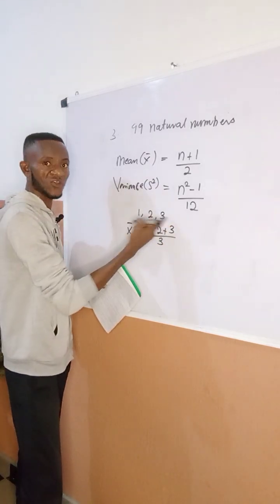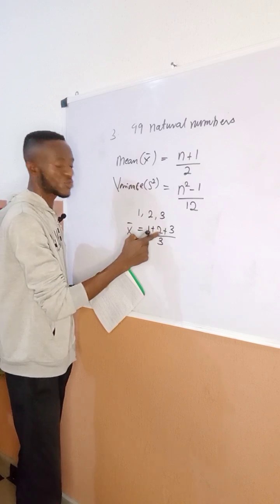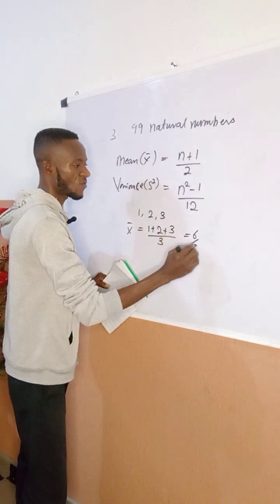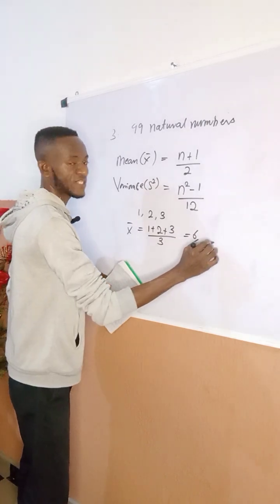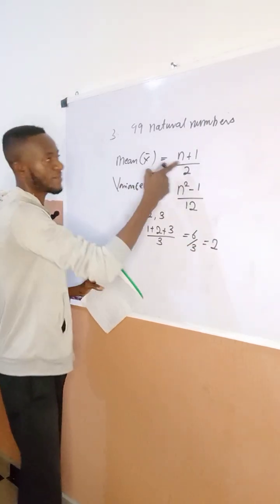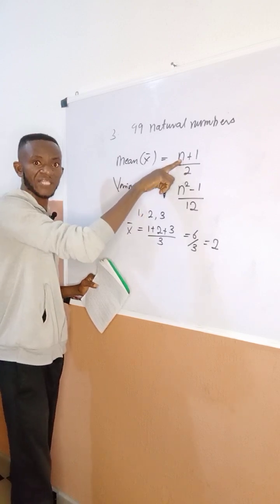That is the sum of all the numbers divided by the number of the numbers. And this becomes 1 plus 2 is 3, plus 3 is 6. So I have 6 all over 3, and 6 all over 3 gives me 2.